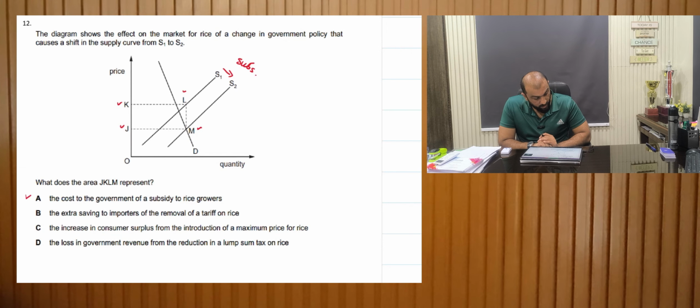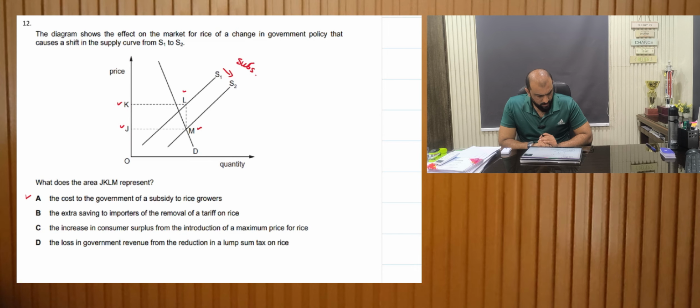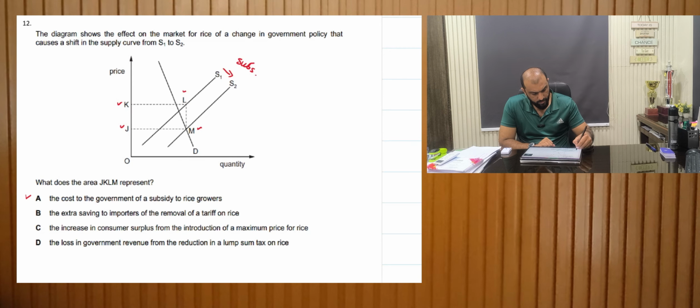Let's look at the other answers. The extra saving to importers of the removal of tariff on... No, it's not this. This is not the answer, because the consumers and the producer would split the tax benefit. An increase in consumer surplus from the introduction of maximum price. There is no maximum price, so this is not the answer.